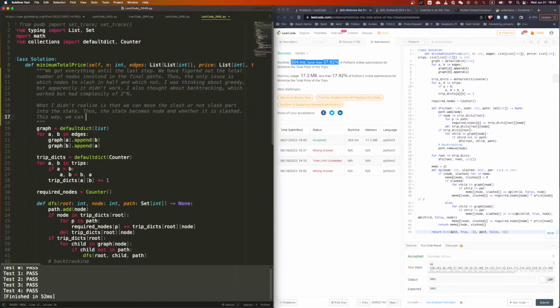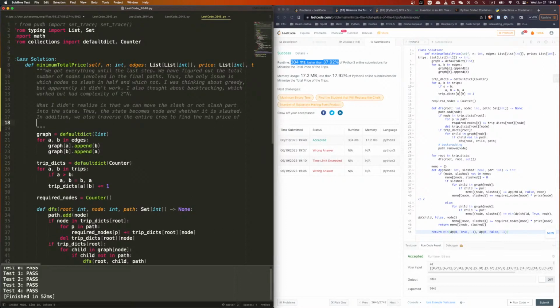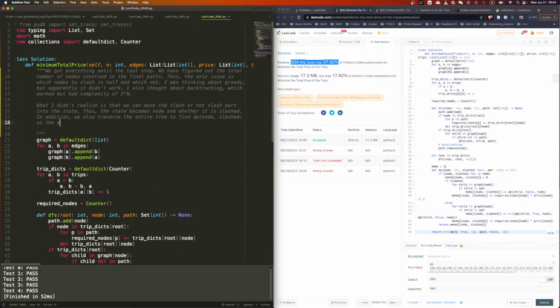We traverse the entire tree to find the minimum price, to find DP of node, slashed, as the min price of the nodes in the subtree rooted at node.